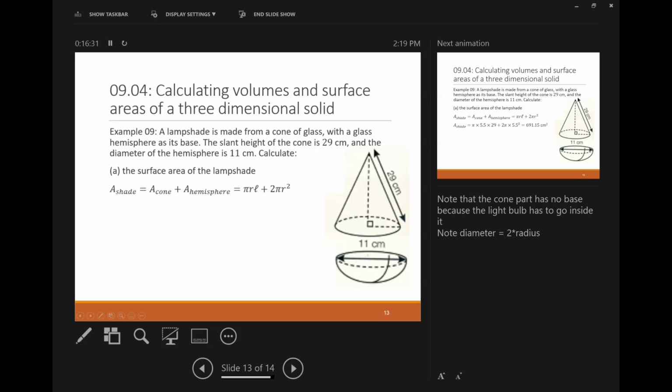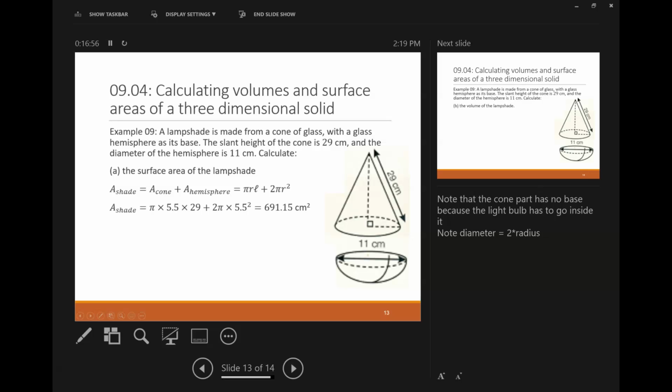Anyways, L is 29. And we add those two up, and we get 691 and change. Everybody happy with that? That's the surface area. Yep. Okay.